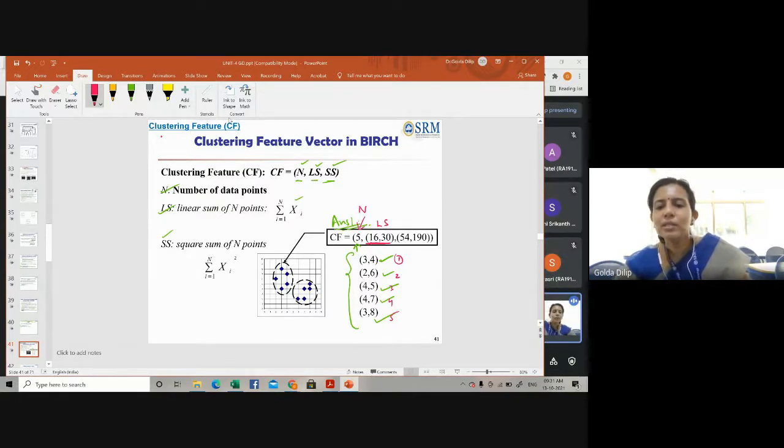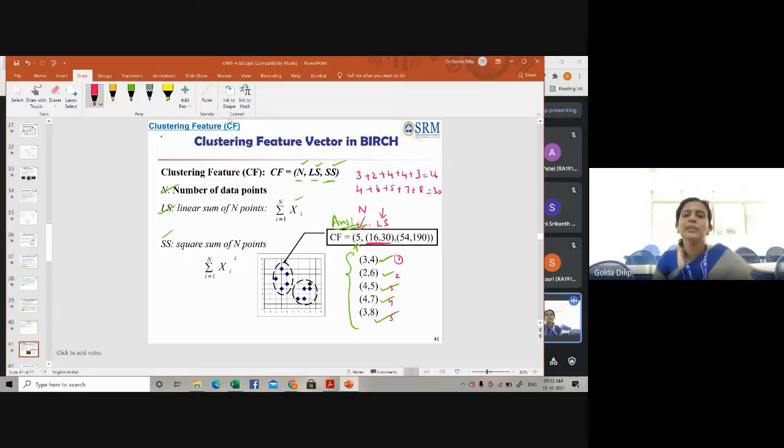So 3 plus 2 plus 4 plus 4 plus 3 will give you 16. In the same way, your y coordinates, 4 plus 6 plus 5 plus 7 plus 8, will give you the value 30. That is this linear sum, LS.